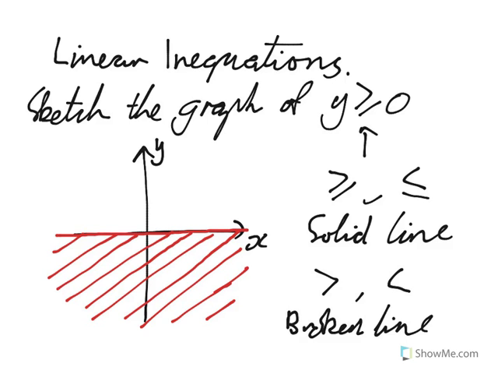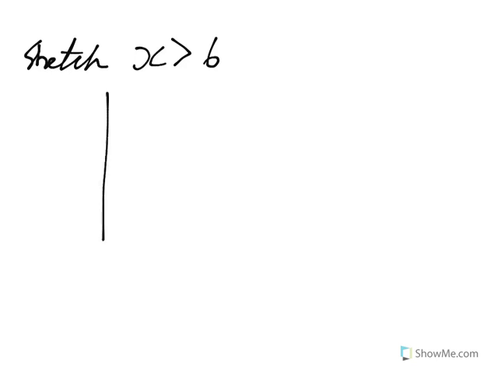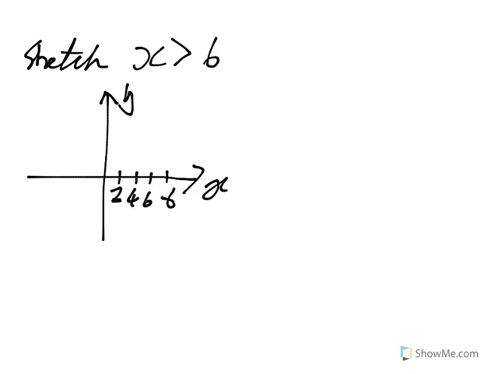So an example of that might be if we're sketching, say, x is greater than 6. On our Cartesian plane, there it is, x and y. 2, 4, 6, 8. Like so. x equals 6 along that line there.